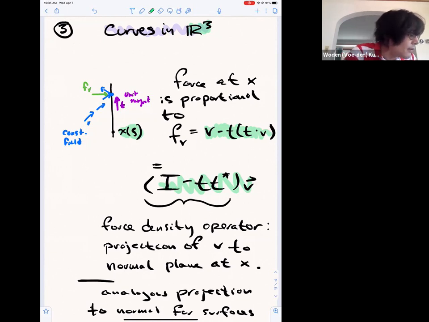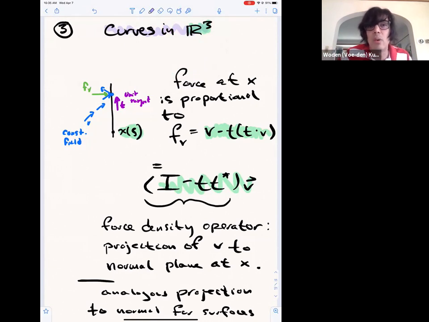So what does that give us? Well, this will be that component of the force, but because we're doing linear algebra, we really can separate out the operator, this projection operator, I minus TT star, and apply that to an arbitrary constant vector field.